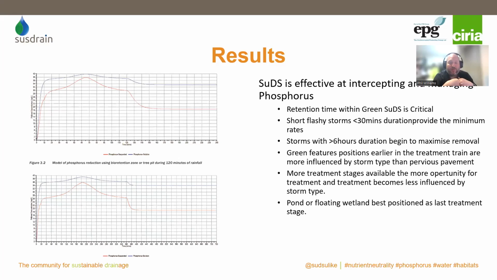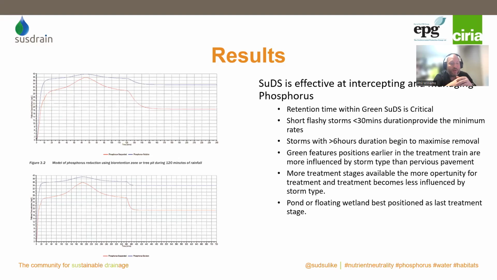Position, as Joe said, where you position your SuDS features was also critical. Small scale SuDS was really good upstream, and then the big scale, the ponds, floating wetland, were always better towards the end of the system, and they tended to do a lot of the heavy lifting during the short flashy storms, whereas the rain gardens, the water went through them fairly quickly.